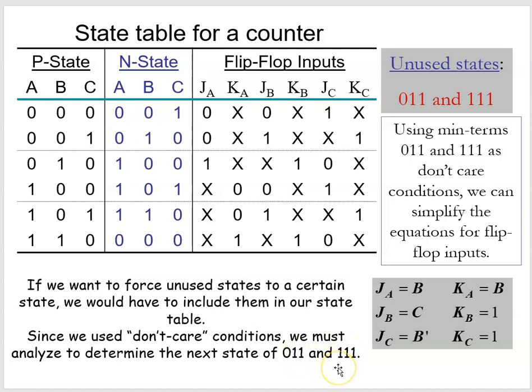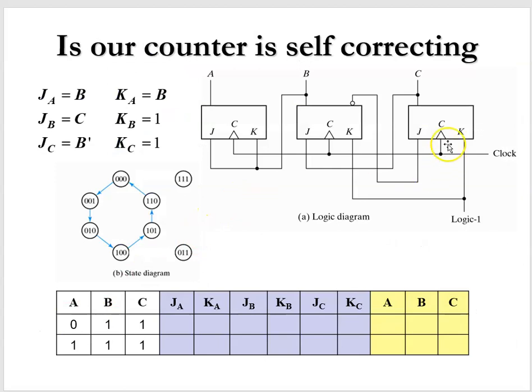We just want to know that it recovers, because it shouldn't go into those states to begin with. So a good process is to design with don't cares and then ensure that in fact it recovers. If our counter is self-correcting, then we can use this design, where we don't need any external circuitry, which is pretty powerful.